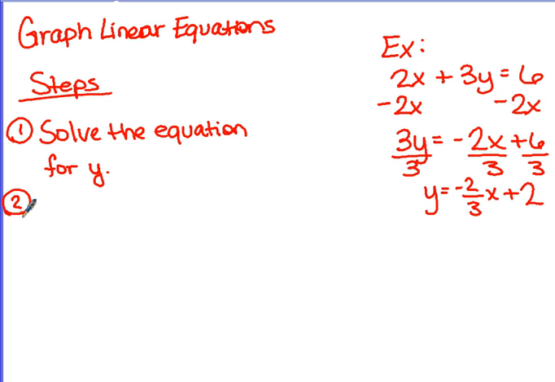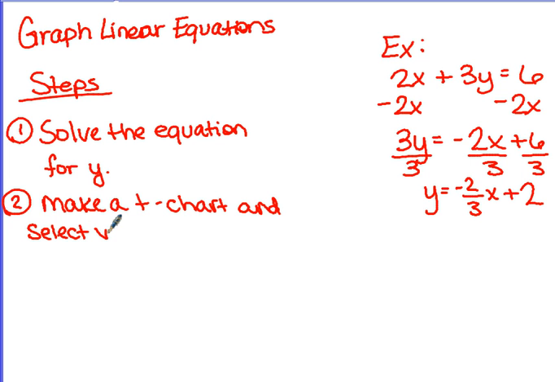The second step is to make a table or a t-chart. And we want to select values for x. I would always recommend selecting at least 3. And I always try to do -1, 0, and 1.